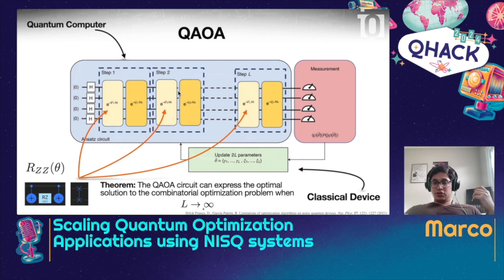The part that we want to scale is the depth of QAOA, because there is a theorem that says the QAOA circuit can express the optimal solution to the combinatorial optimization problem when the number of layers goes to infinity. We cannot do this for a high number, but what we want is to be able to do these gates in a shorter amount of time.